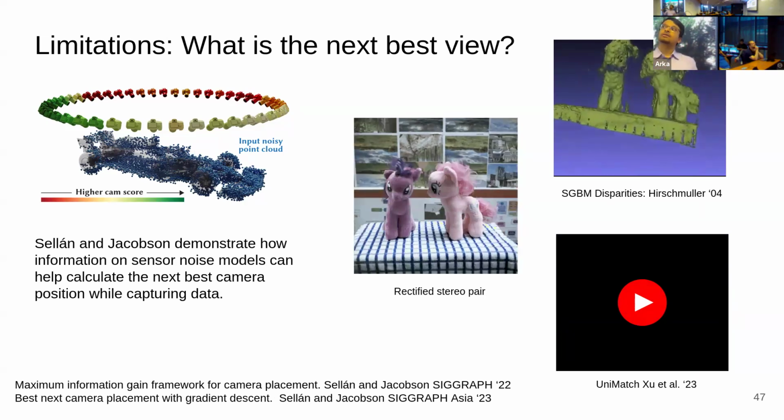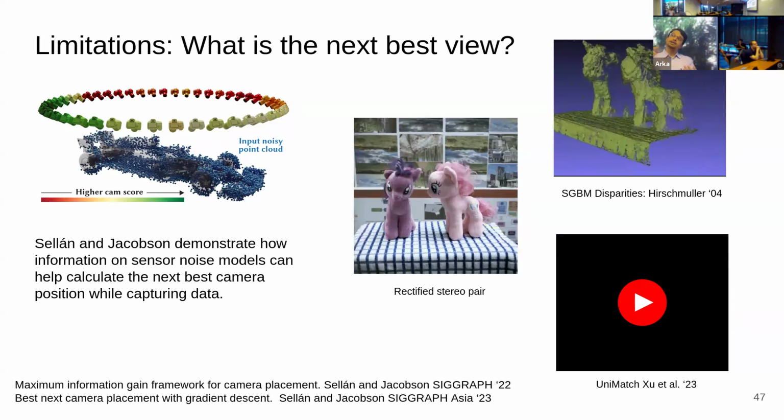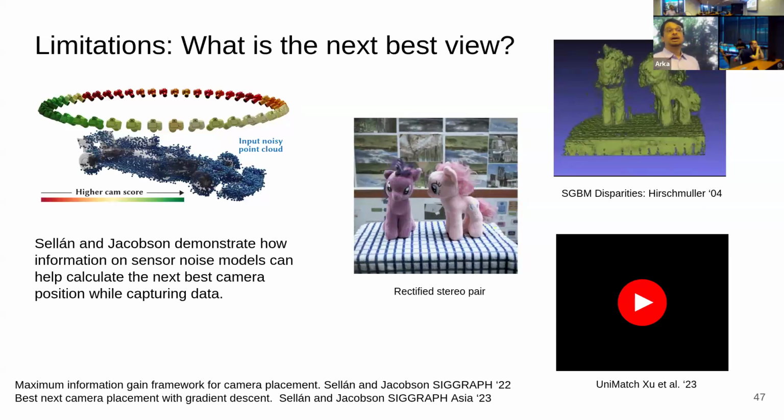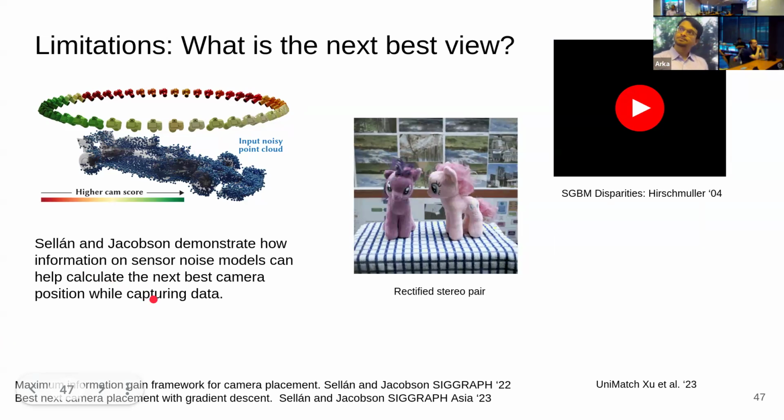And there is a significant amount of literature which explores the noise models in semi-global match disparities. However, the quality of depth obtained by using semi-global matching disparities was so bad compared to the deep learning stereo that including that in our pipeline for view synthesis just for this task almost felt like taking a step back. So we didn't look at that problem in this project.